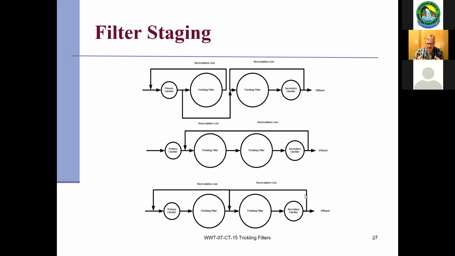Just remember they're a biological treatment, so it needs food and air, and as constant flow as possible is a benefit. Food is taken from the wastewater, air is taken from injecting air through the system, or it's picked up as the water drops off the arms, as it drops on top of the trickling filter.